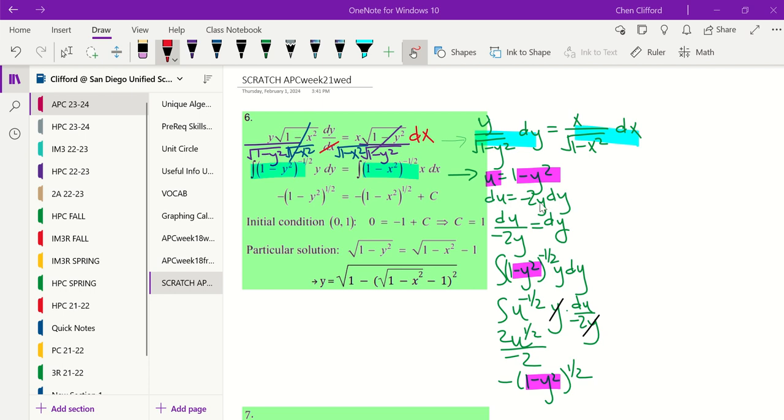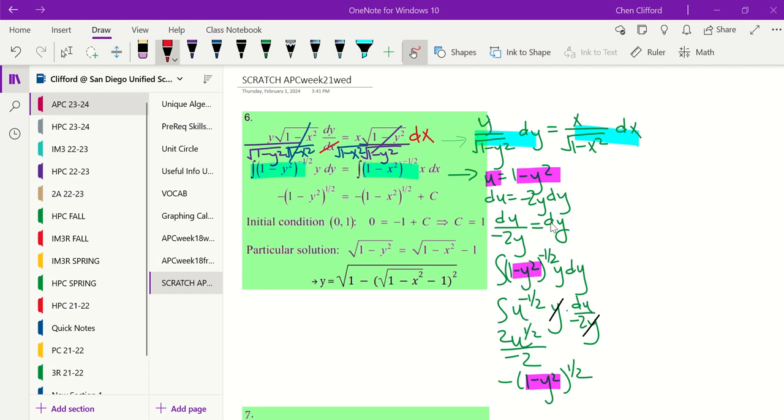Proceed as usual: take the derivative of both sides, divide both sides by negative 2y to isolate dy. So this got copied over here, and the pink, this 1 minus y squared, gets substituted with a u, hence this u here.